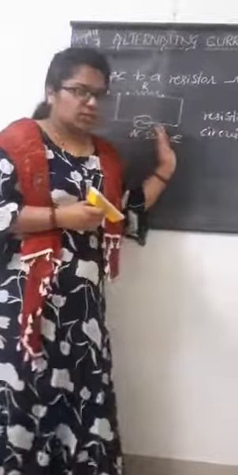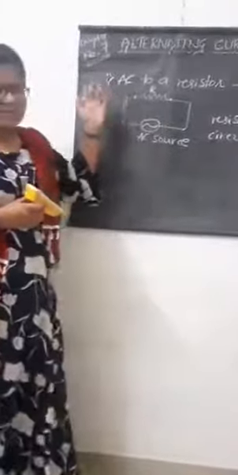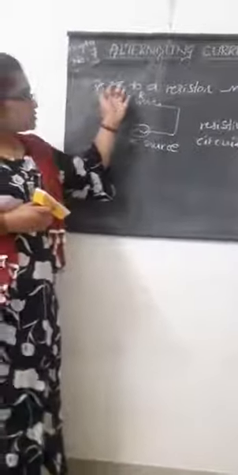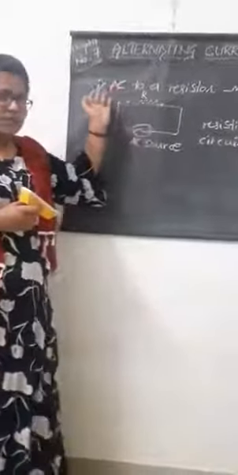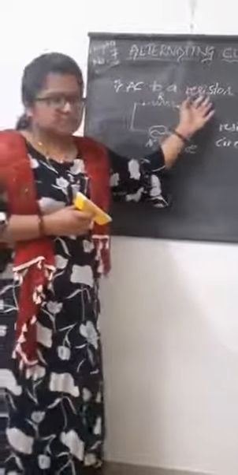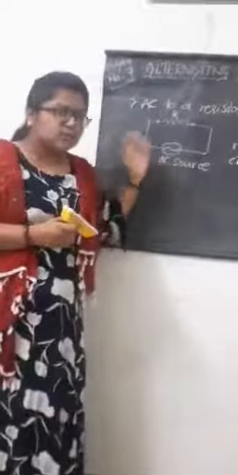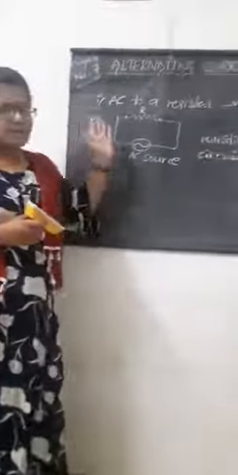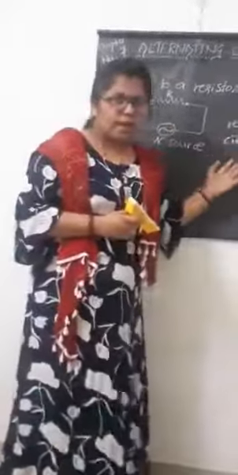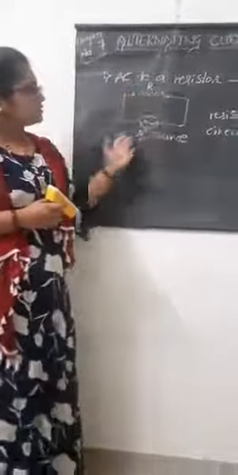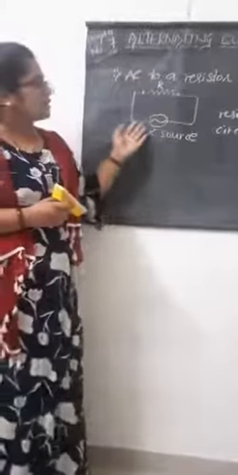I am studying it now, under an alternating current source connected to a resistor. We use an AC source and connect it to a resistor of resistance R, and we call that a resistive circuit. What happens exactly in this resistive circuit, we have to study.